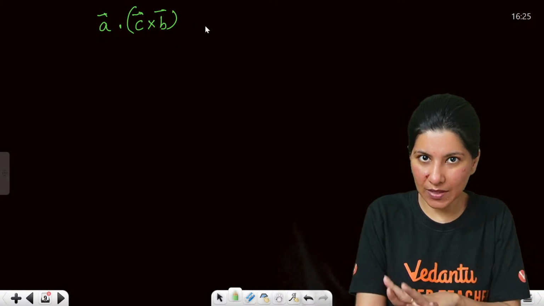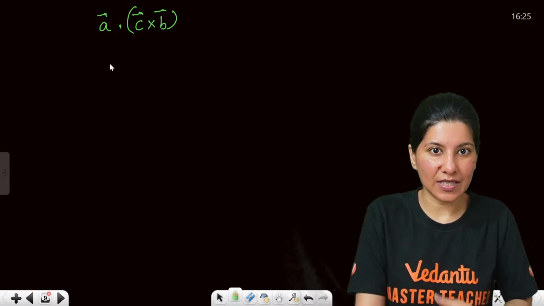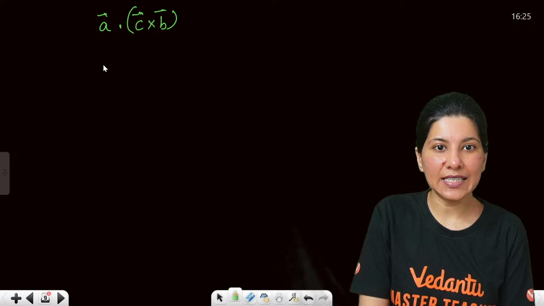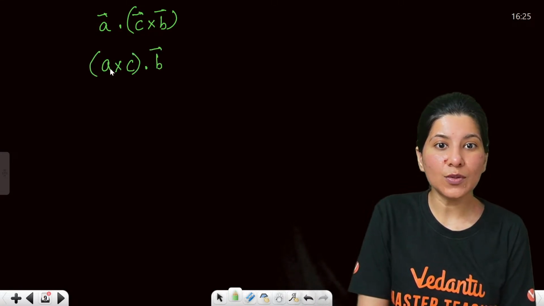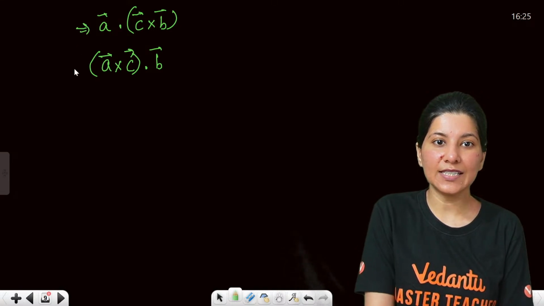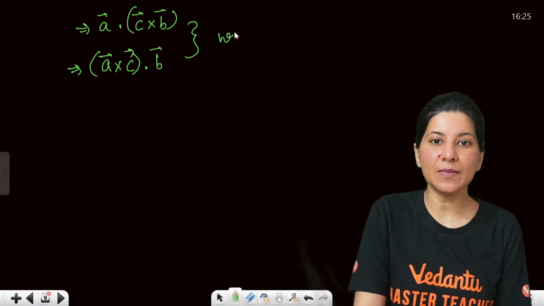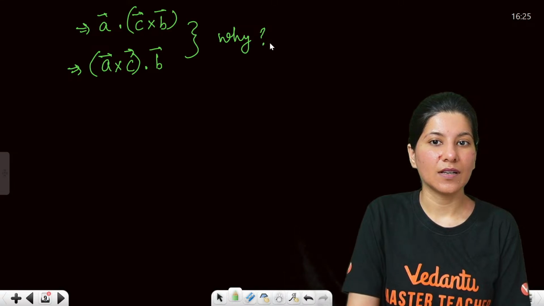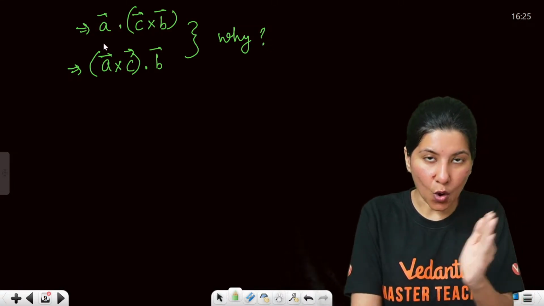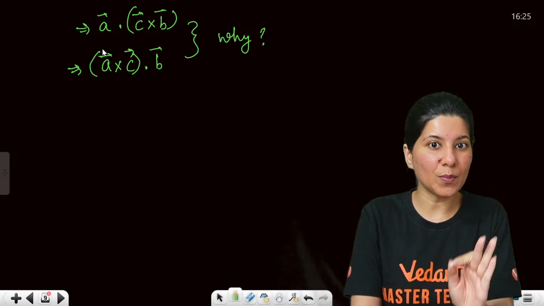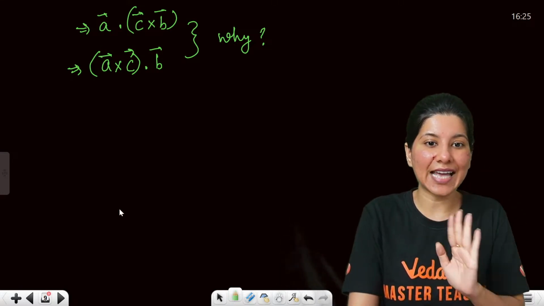So A dot C cross B, if you wish to write it as A cross C dot B, then also it is fine. These two are the same. Why are they equal? Because the cyclic order, can you see, the order ACB is absolutely the same. So the property says that these two are exactly the same.